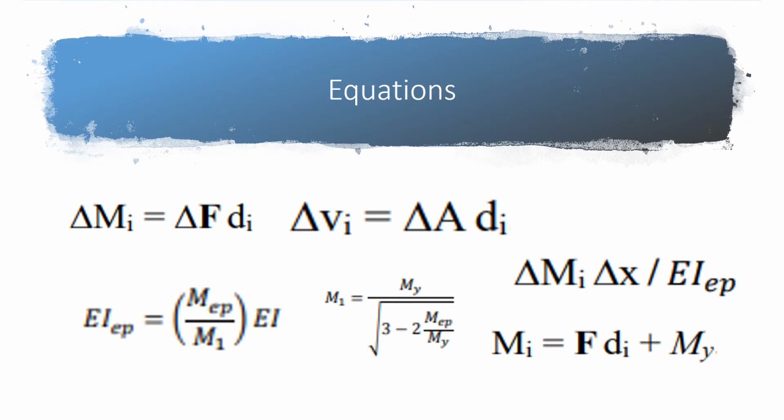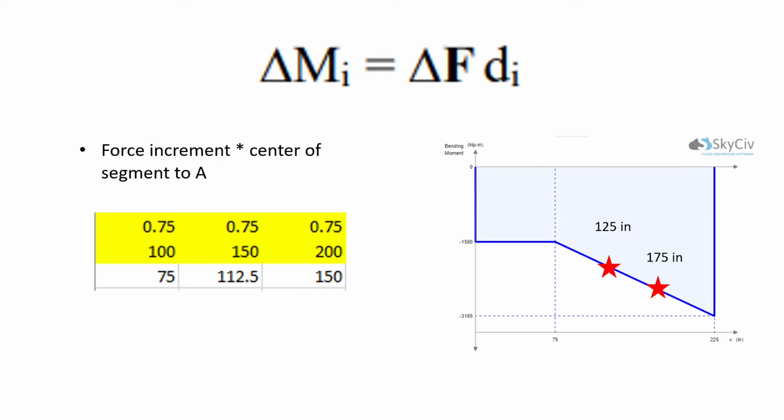Right here's just a quick overview of the equations that I used to get all the data. So our delta MI right here, I started by using the increment of load. At first I used a 0.75 load times the distance from our segment to the point that we want to find the deflection about, which is A. So we have the case stated for 3 segments.